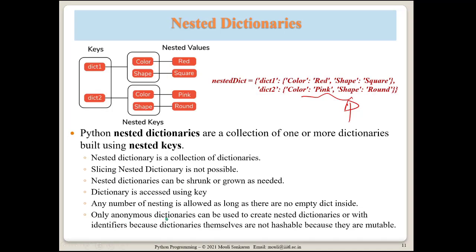So you can either have anonymous dictionaries to create a nested dictionary. Anonymous means you don't give a name. It is like this here. This dictionary, you have created it. Now you have a dictionary inside this dictionary. Now this is anonymous because it doesn't have a name or a label for it.